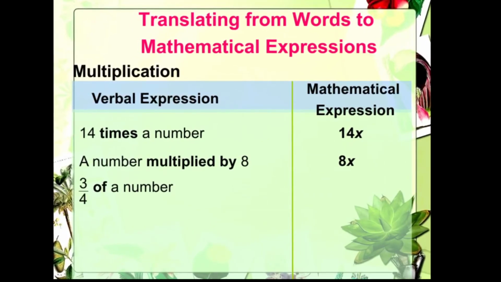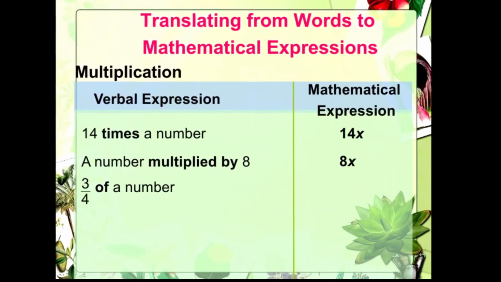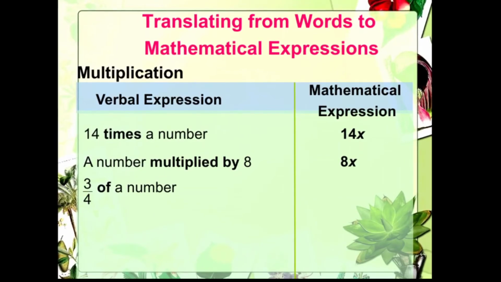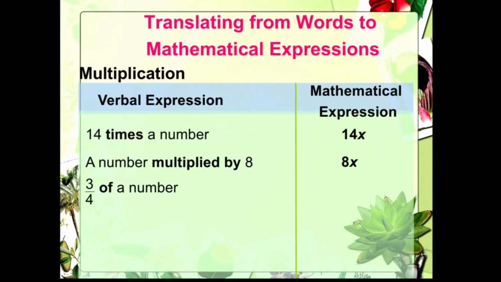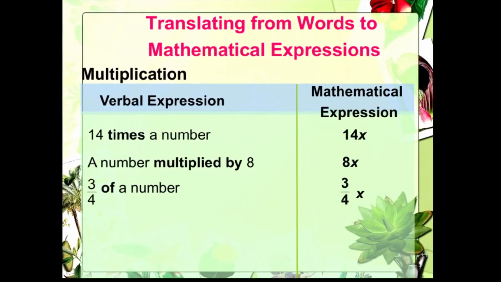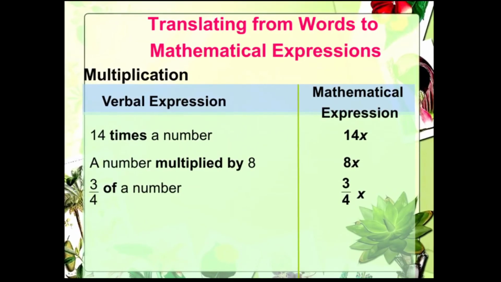Then 3/4 of a number. As you can see, we have of. It means that is multiplication. So instead of writing 3/4, then the symbol for multiplication, you have to write 3/4 x. Automatic, that is multiplication. 3/4 x.